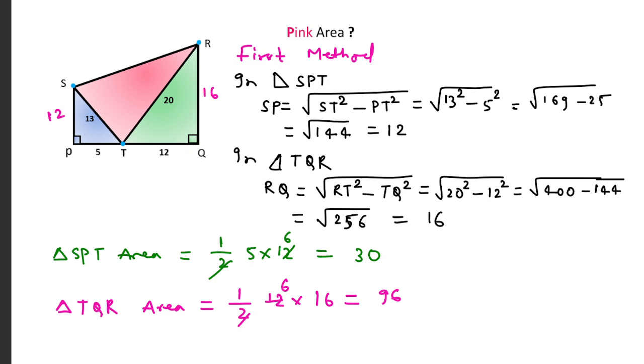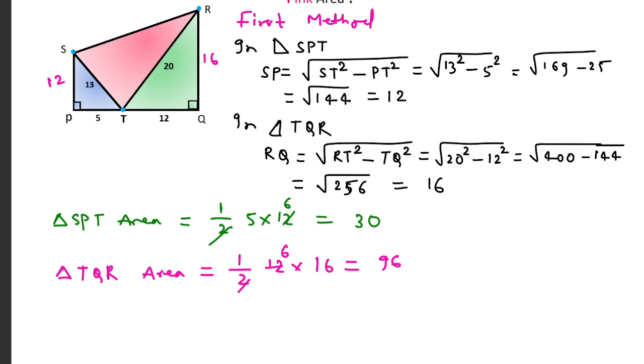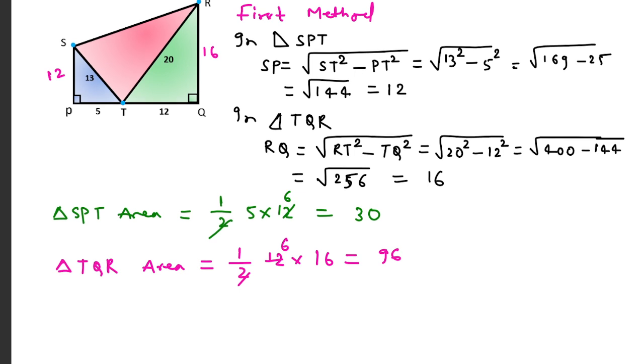So we can write the area of this SPQR trapezium: 1 by 2 sum of parallel sides, that is SP plus RQ, into distance between them. Distance is PQ.